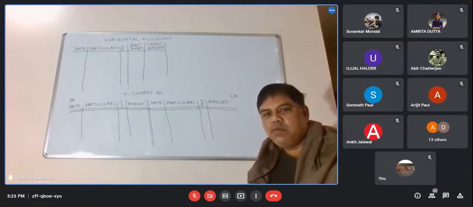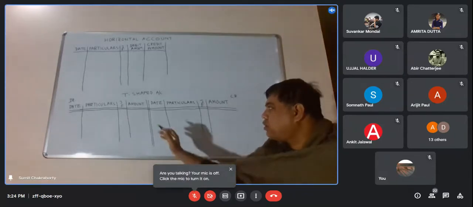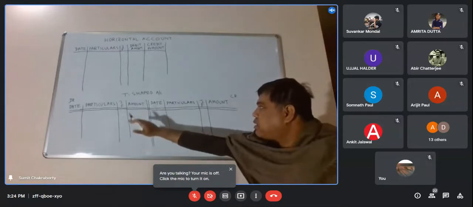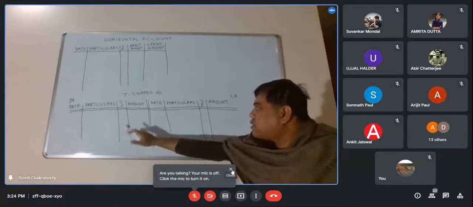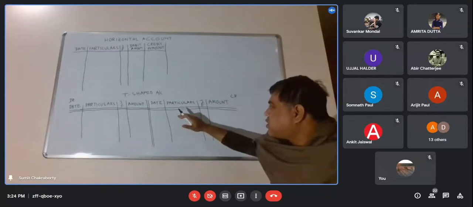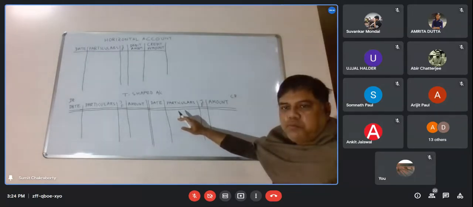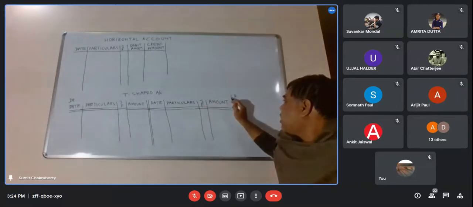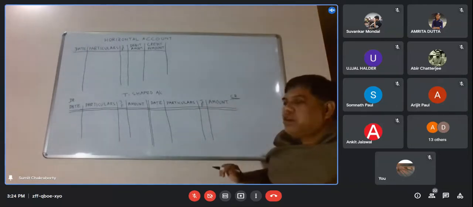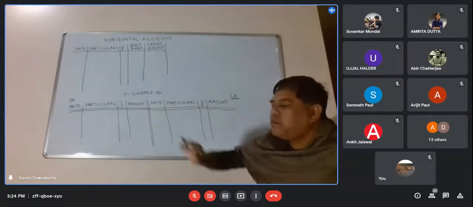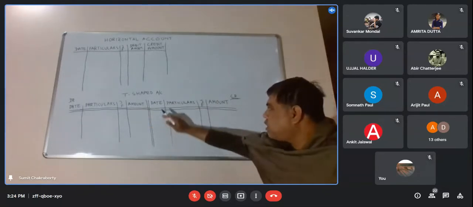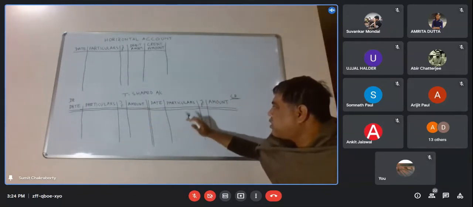Any idea? DR, D for debit, R for record. So we are recording the debit related stuff on the left hand side. And credit related CR is credit record. CR, credit record. DR is debit record. So we are recording credit related records on the right hand side.